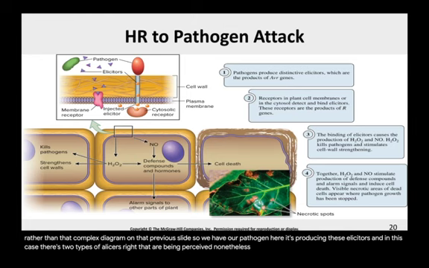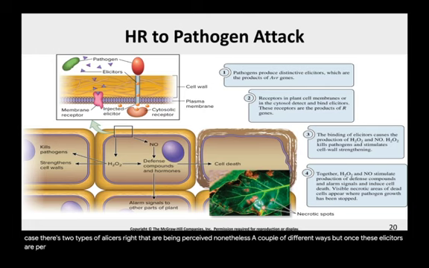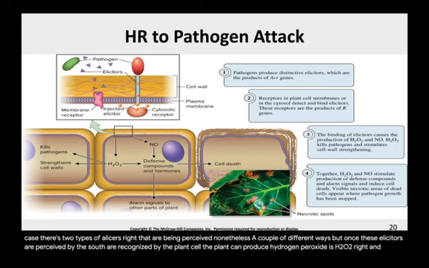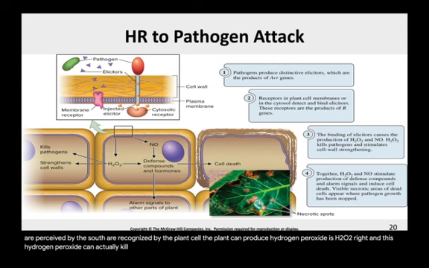Once these elicitors are recognized by the plant cell, the plant can produce hydrogen peroxide, H2O2. This hydrogen peroxide can actually kill the pathogens themselves or lead to more lignin in the cell walls, strengthening them and making it even harder for these viruses to get through.